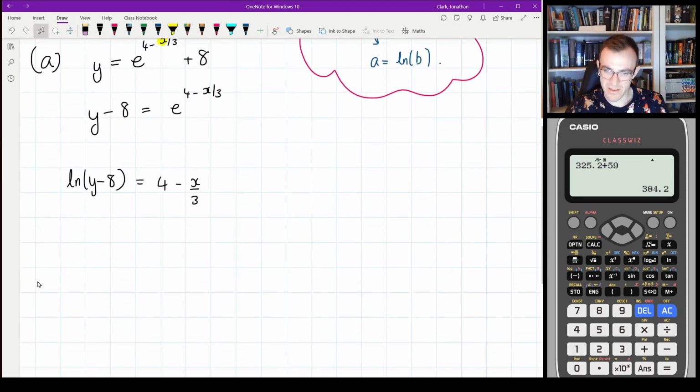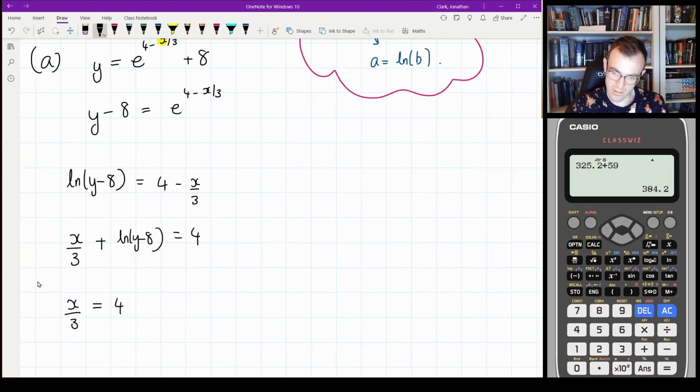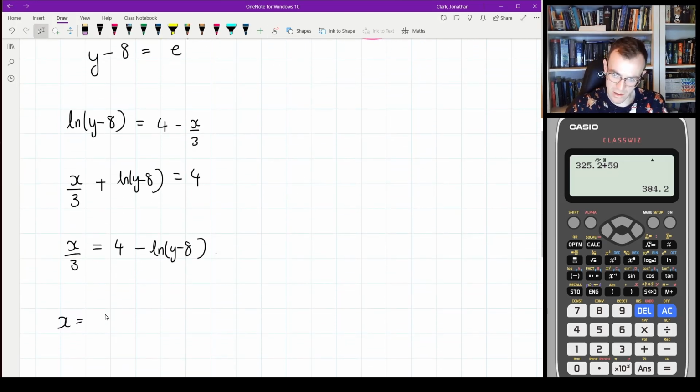Bit more rearranging. I think I might even take this entire expression over and then take the log back, just so that it's positive. Yeah, I think that's what we'll do. And then I'll take the 3 up, and then we should be done.